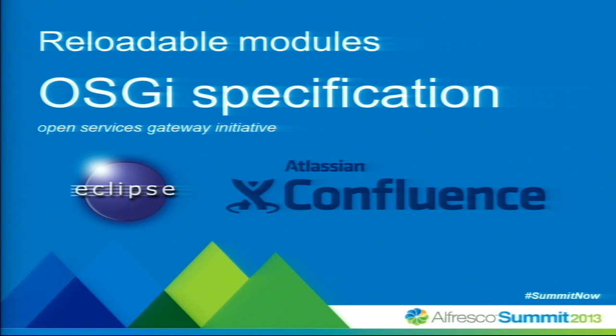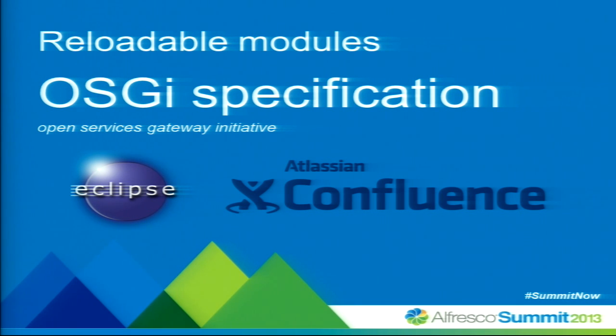That's not something we can use if we're going to start with large-scale modular Alfresco development. So what you need is something like a proven technology like OSGi, which supports the notion of having a large ecosystem with several modules which can interact, which can exchange classes, which can use each other's services.